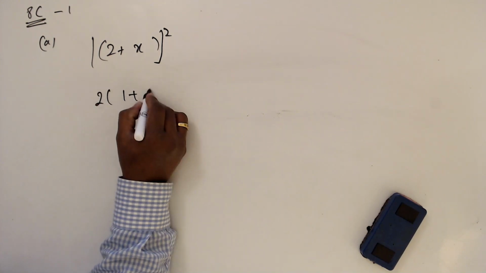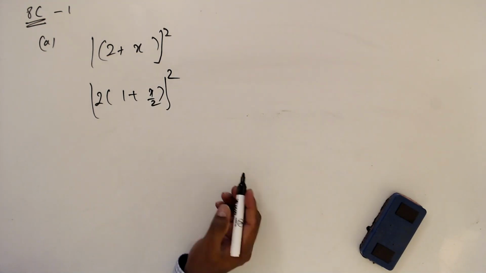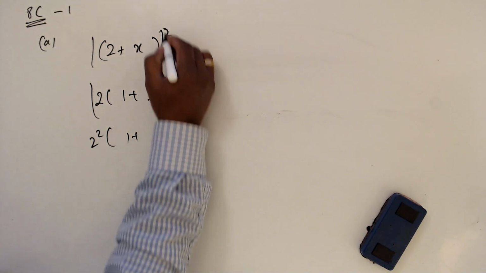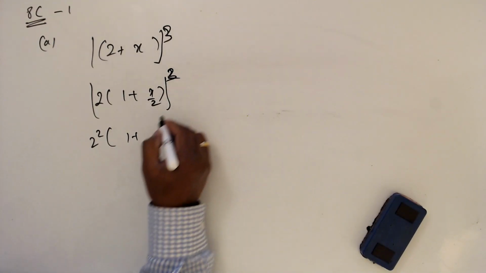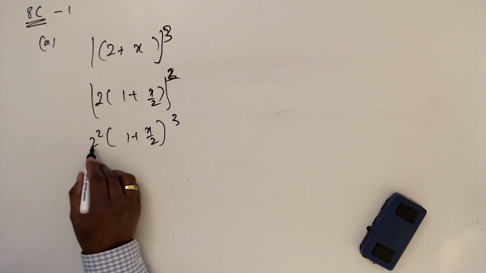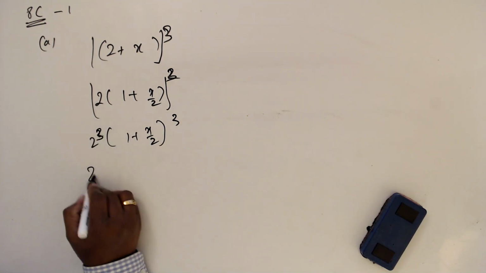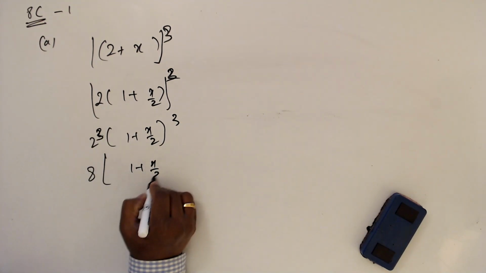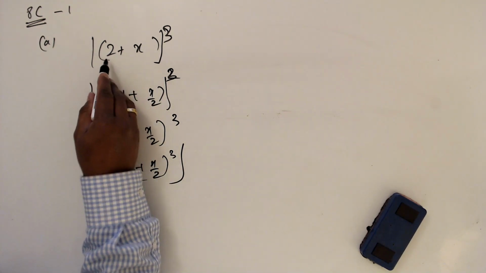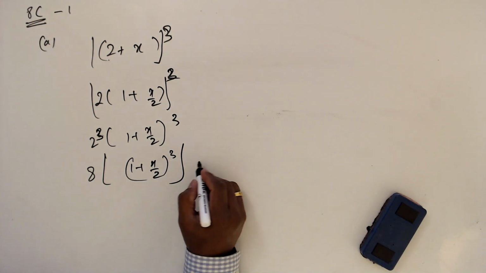Then this is going to be 2 cubed times 1 plus x over 2, all cubed. So 2 cubed is 8, and 1 plus x over 2 cubed. The 2 I make into a 1. Now this is easy again.